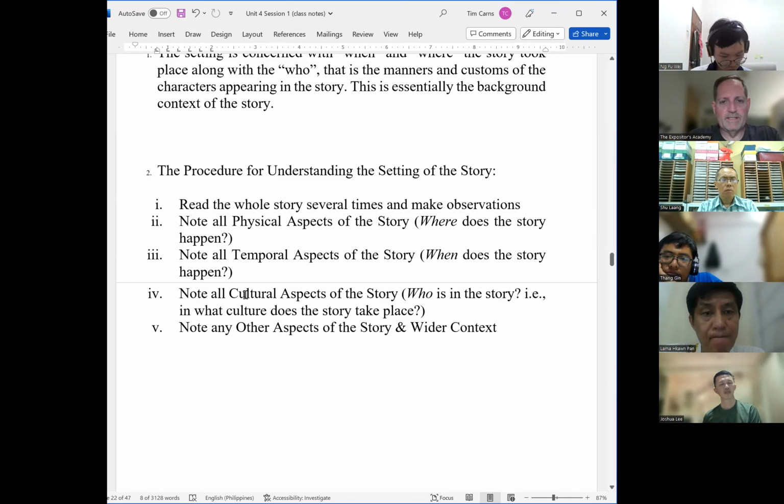And then the cultural aspects. That is, who is in the story? What do we know about the culture of those who are within the particular story? And then if there's anything else that seems significant or important in the setting of the story, particularly as connected perhaps to the story before and after. All right. So those are the steps.